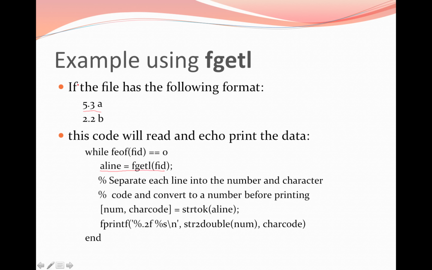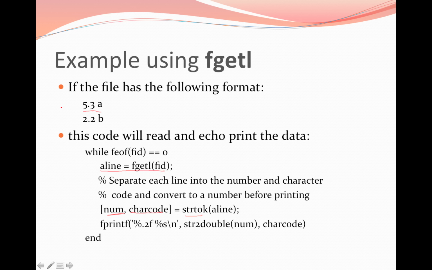Now we know that each line in the file stores a number and then a space and then a character. So we can use the strtok function to break that string into two separate pieces. So this is going to give us the first part of the string, the token, in the variable num, and the second part, the rest of it, in a variable called charcode.